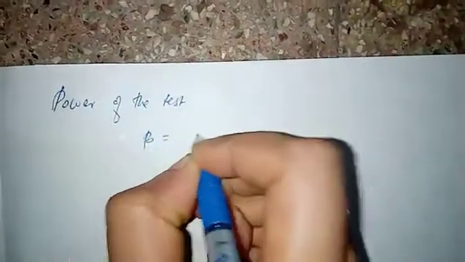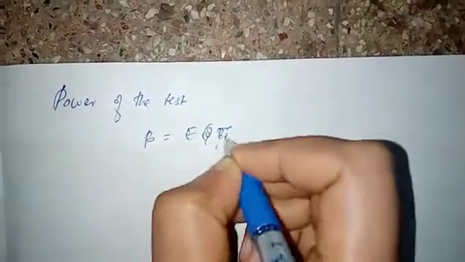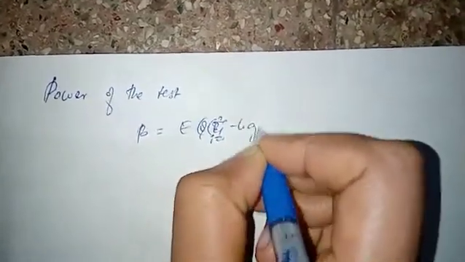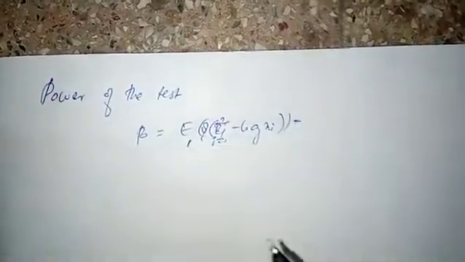Then we need to obtain the power of the test. The power of the test, beta, equals the expectation of phi of summation i = 1 to n of minus log xi under H1.